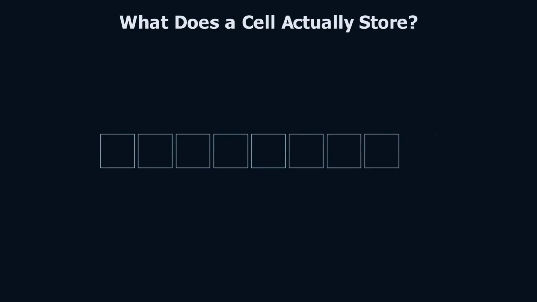Now that we've divided the pipe into computational cells, an important question remains. What exactly is stored inside one of these cells? It is tempting to imagine that each cell contains a tiny piece of water. But that is not how CFD works. Instead, the computer stores properties.